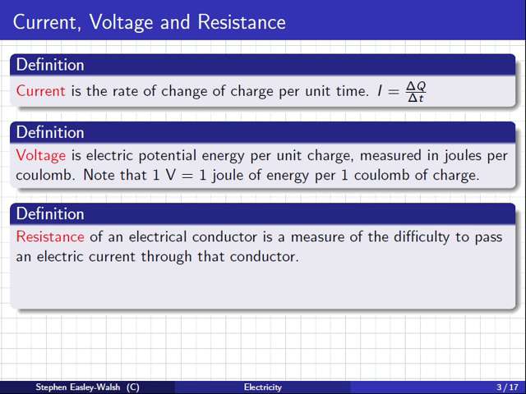Now, you know, sometimes you want your conductor to have a high resistance. Can anyone think of an example of when you would want the conductor to have a high resistance? Yeah, if you actually want to reduce the current, so you want to constrict it.